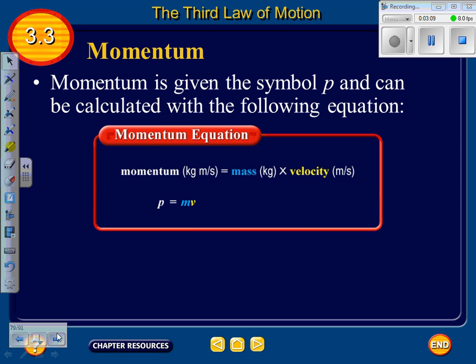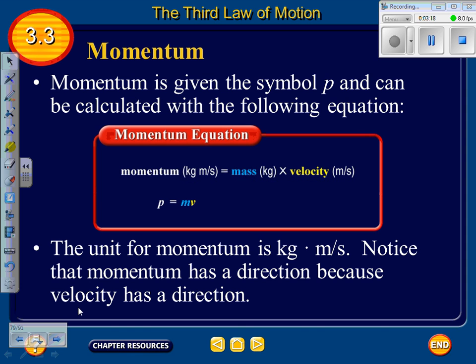Momentum should have a direction, so this statement should be p equals mv in a given direction. The unit for momentum one more time is kilogram meters per second. Notice that momentum has a direction because velocity has a direction, which they failed to illustrate in the equation here.